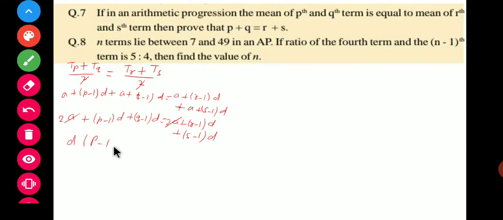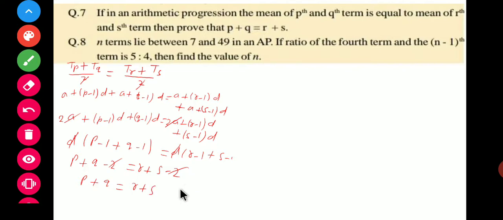So we get p minus 1 plus q minus 1, and here d is also common, so r minus 1 plus s minus 1. So d will also cancel out. So we get p plus q minus 2 is equal to r plus s minus 2. The 2 also cancels. So we get p plus q is equal to r plus s, and hence proved.